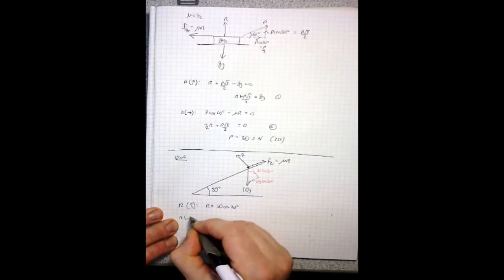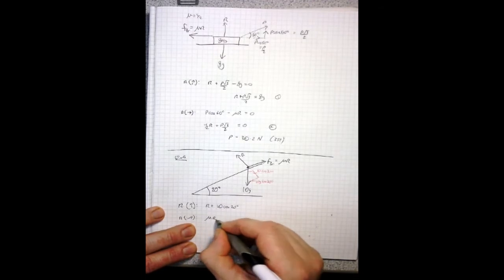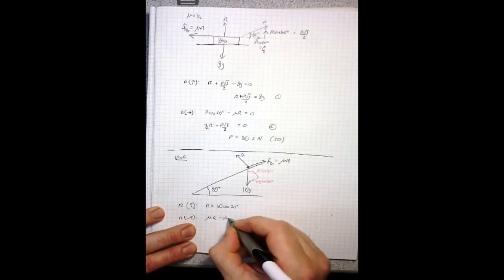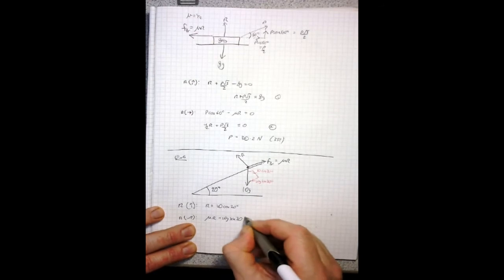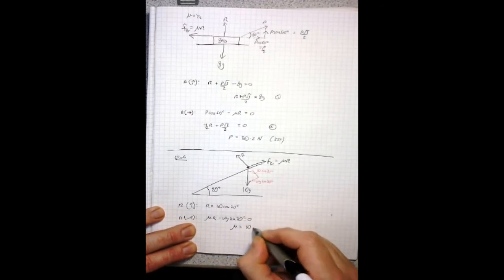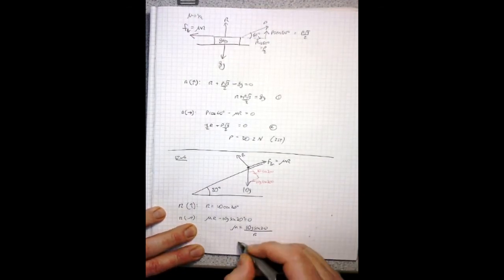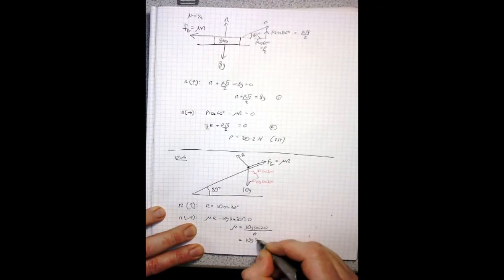Resolving up the slope, mu R minus 10g sine 20 equals 0, so mu equals 10g sine 20 over R. Well, that's 10g sine 20 over 10g cos 20.